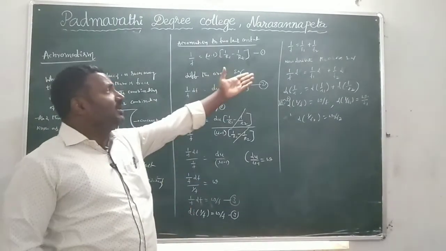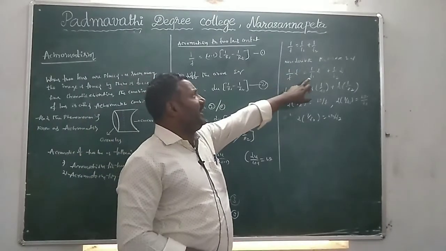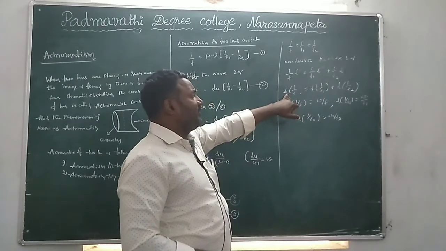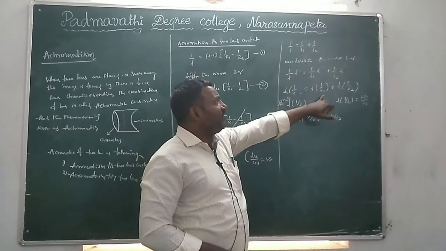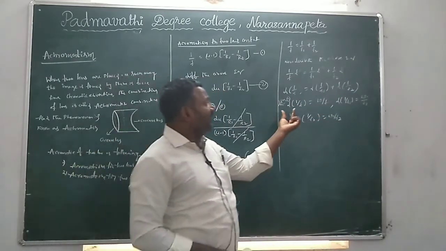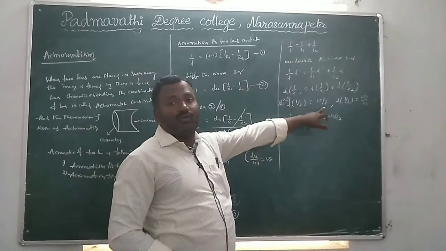So now the equation is 1/f into d = 1/f1 into d + 1/f2 into d. That can also be written as d into 1/f = d into 1/f1 + d into 1/f2. Here, according to equation 3, d into 1/f is equal to omega by f.